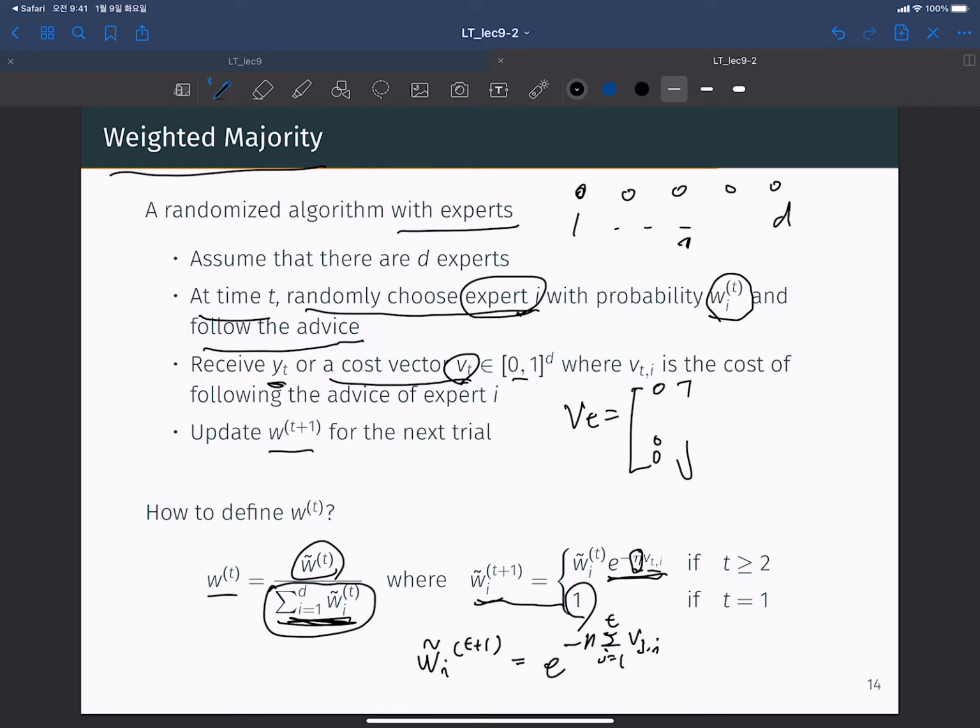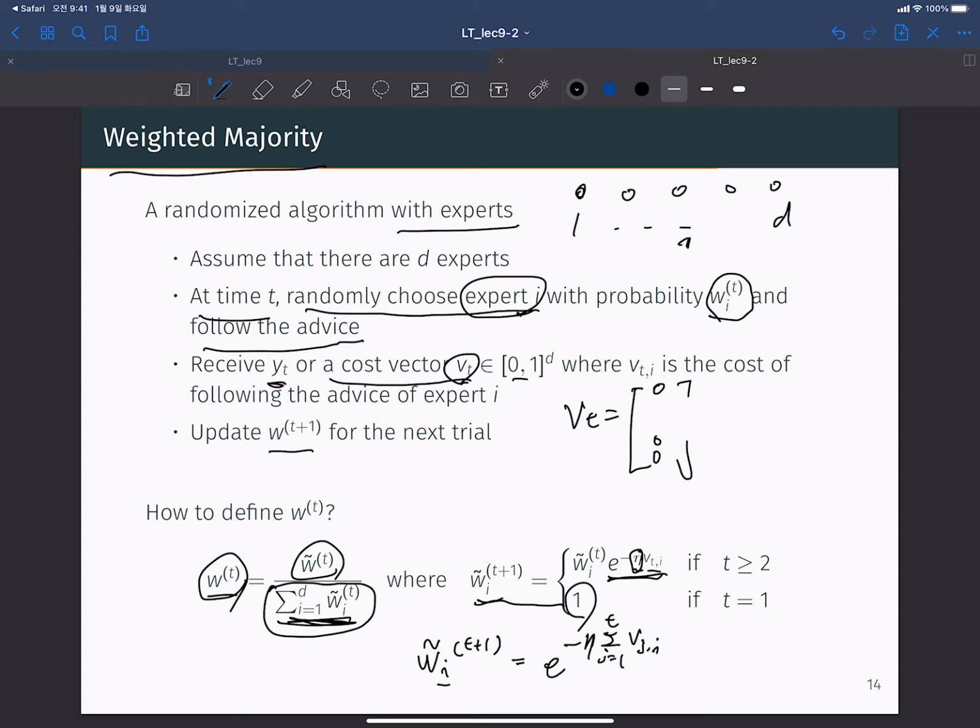Okay, so that is w tilde i, t+1. So exponential of minus step size times the sum of all the costs up to time t for each expert i. So intuitively, the w probability vector is proportional to exponential of minus step size times the cumulative cost from time 1 to time t.